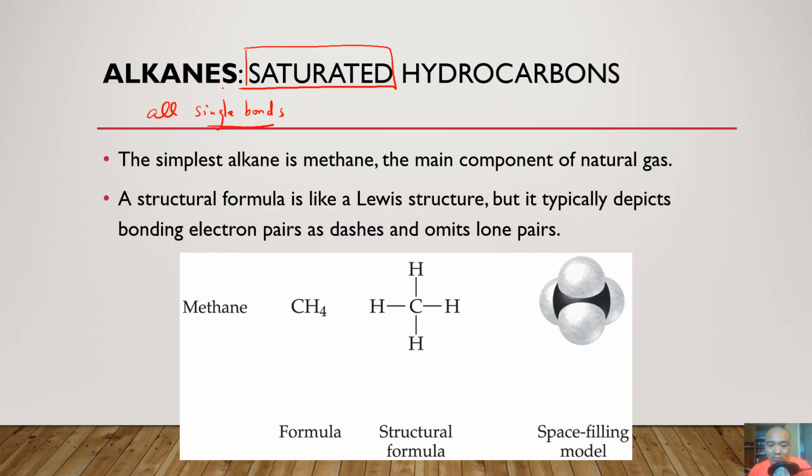Alkanes are saturated. As you can see in the example of methane, which has a formula of CH4, when you write the Lewis structure, you have one carbon surrounded by 4 single bonds, which connect to 4 hydrogens. So this is the simplest alkane, which is called methane. All right.